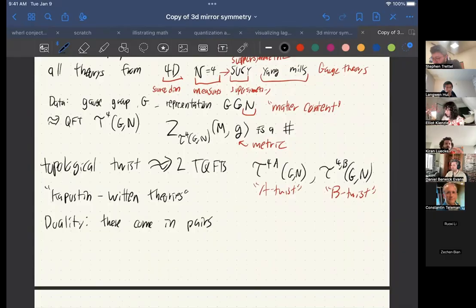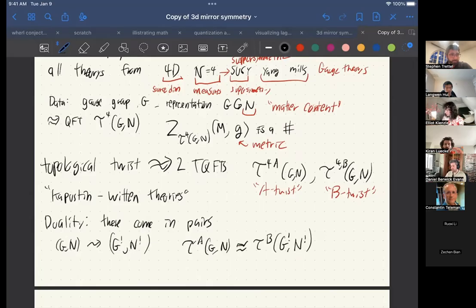Which means that for every G comma N, the data defining a theory, we expect there to be some sort of dual data, G shriek and N shriek, such that the A twist of the theory defined by data G and N is isomorphic as topological quantum field theories to the B twist with data defined by the dual variables, and vice versa. So we're kind of swapping the A and B twists here. And this sort of phenomenon is what we call mirror symmetry.